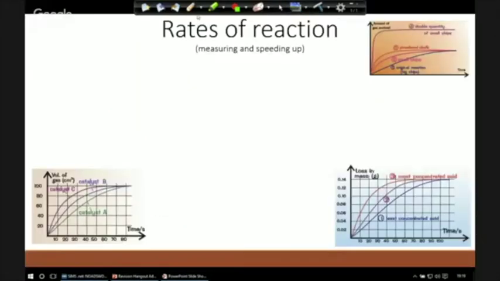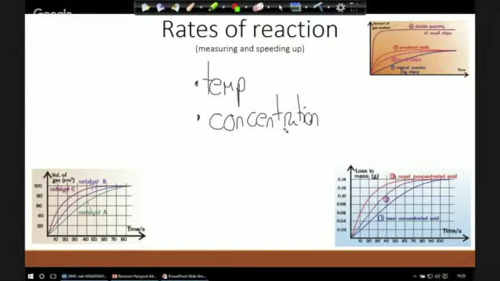Well, classic questions for rates of reaction involve 5 things. If you want to speed up the reaction, first of all, you can change the temperature. We'll come on to how in a minute. The second thing that you can change is the concentration. The third is the pressure.